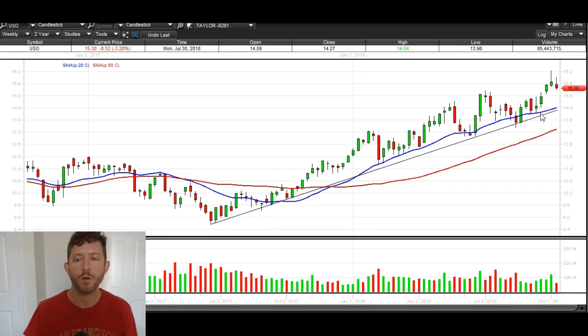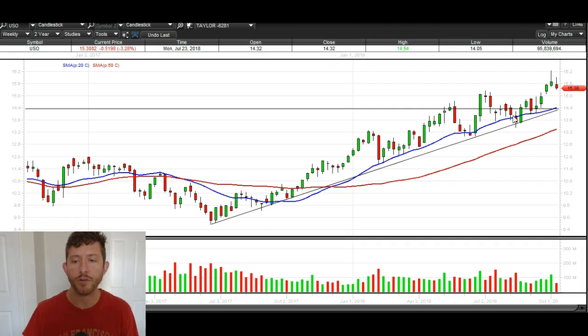So we've got the support right there, and it lines up perfectly with this 20 period moving average, which is the blue line right there. You can see that we've gotten bounces. If it wasn't the trend line, it was the 20 period simple moving average that was getting bounces right there. So that is lining up as well. We also have an additional support level right where it's at.